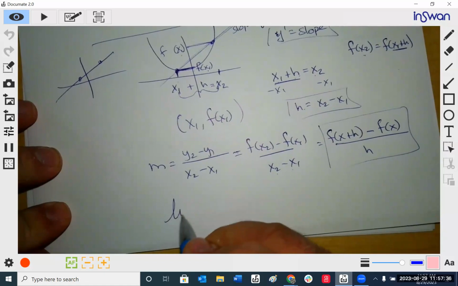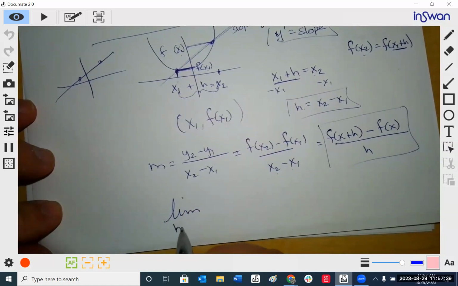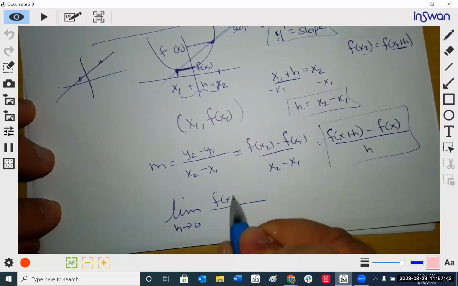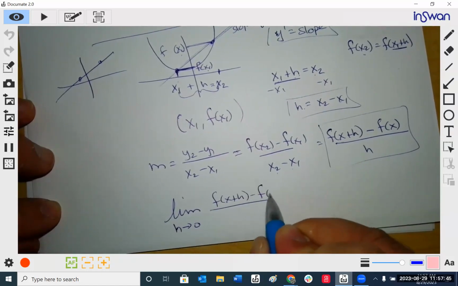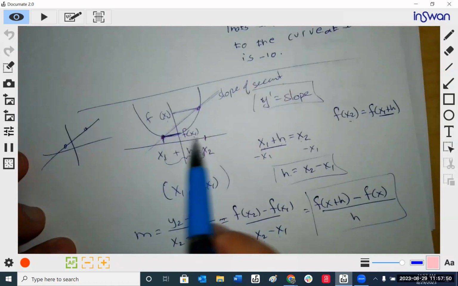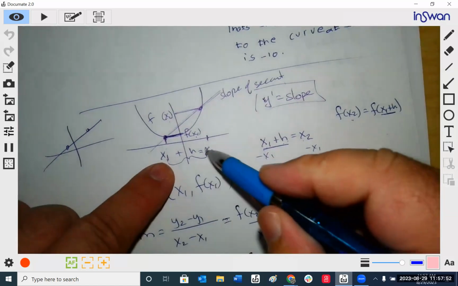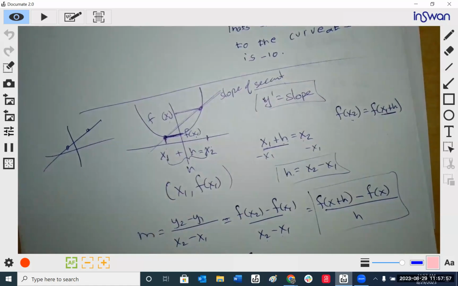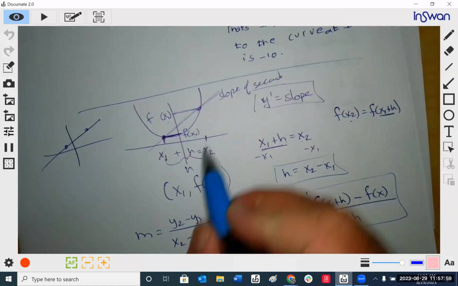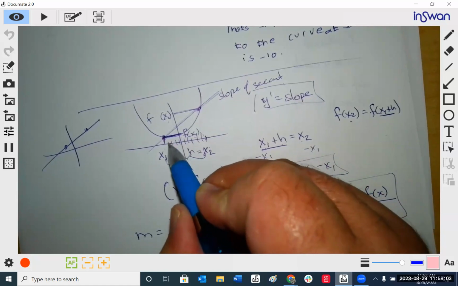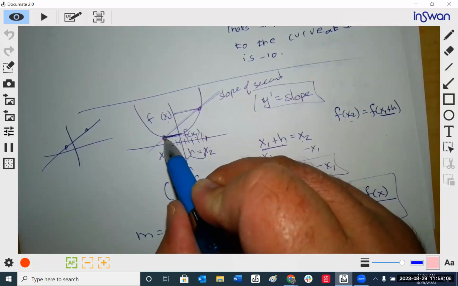Now, when we take the limit of it as h goes to 0, what's happening in this picture? Remember, the distance between x1 and x2 is h. As h goes to 0, that means this point gets closer and closer to this point.